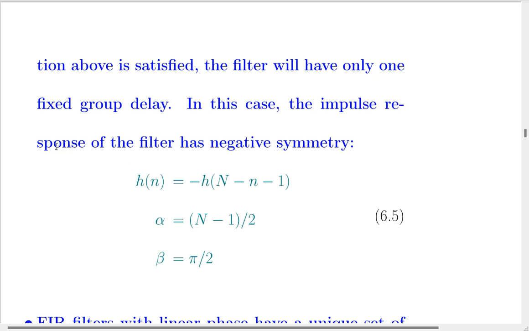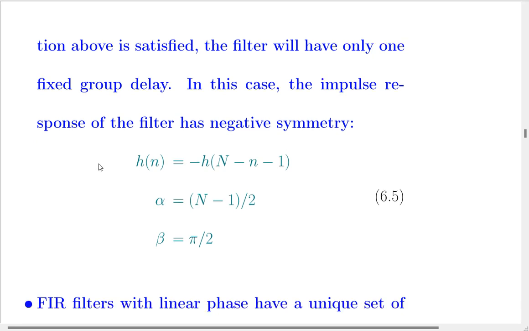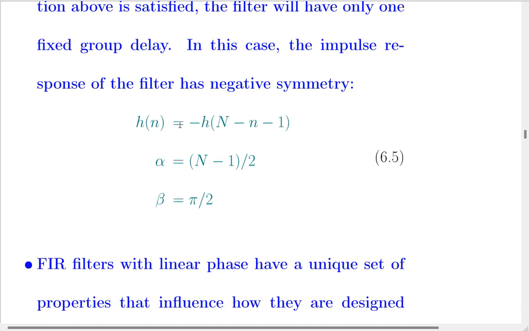In this case, the impulse response of the filter has negative symmetry, meaning that h of n will be equal to minus h of capital N minus n minus 1, where alpha is equal to half N minus 1 and beta is pi over 2. Right.